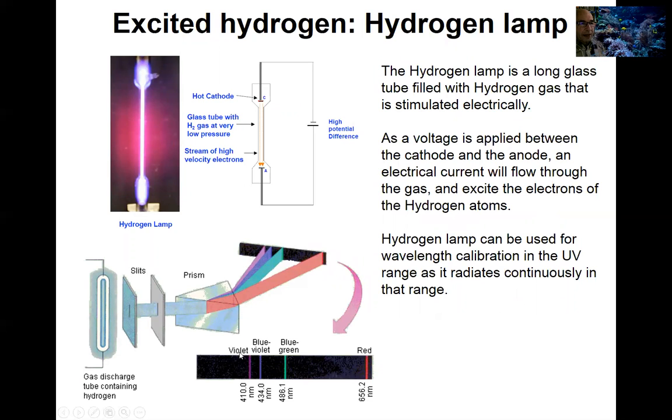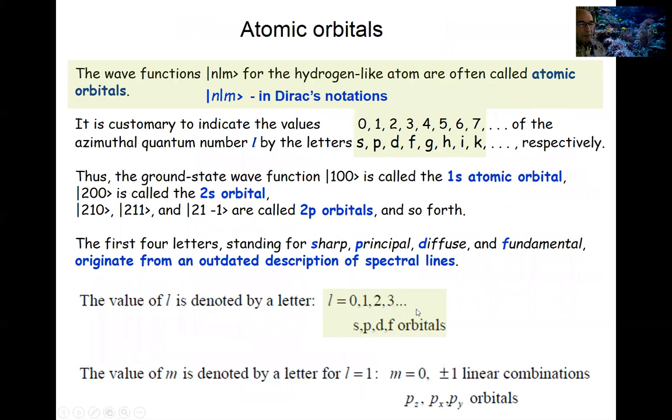In terms of applications, you may be interested to look into the hydrogen lamp, because this light, which is produced by hydrogen, can be excited by electrons accelerated between two electrodes, and they can produce this light. This is called a hydrogen lamp. It is one of the curious applications of this theory.